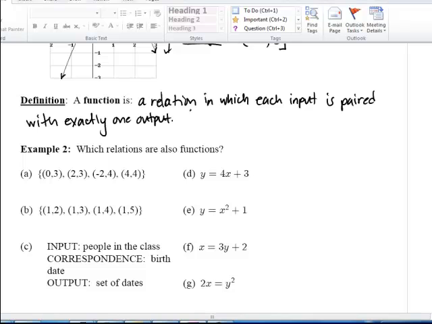Another way of saying that is given an input, we know without question the output.